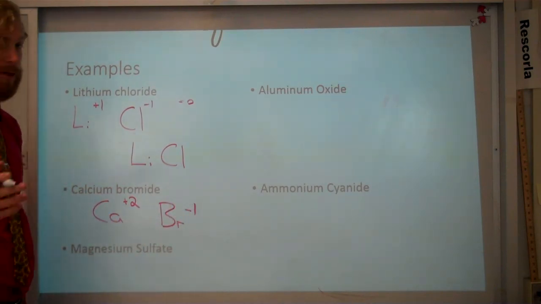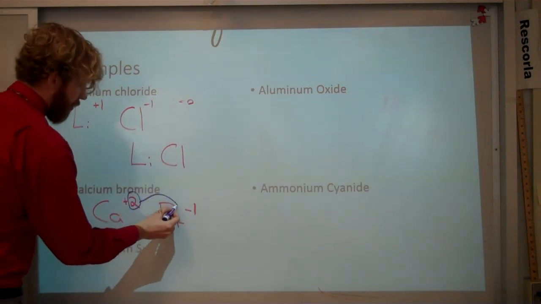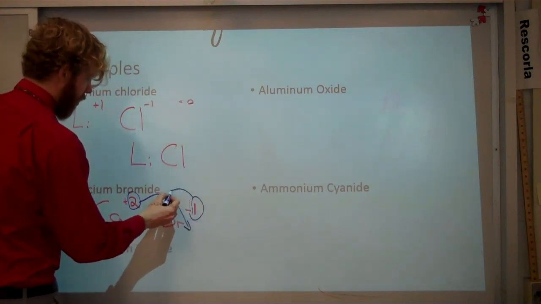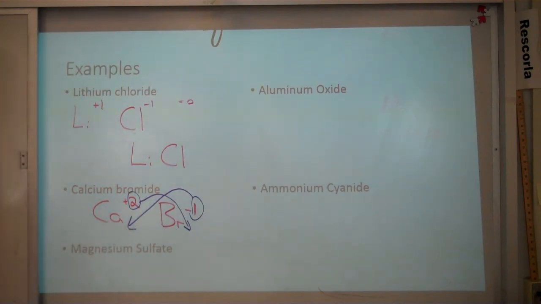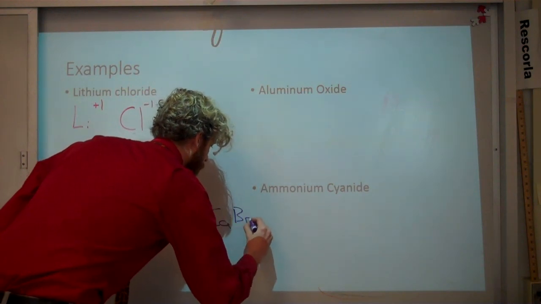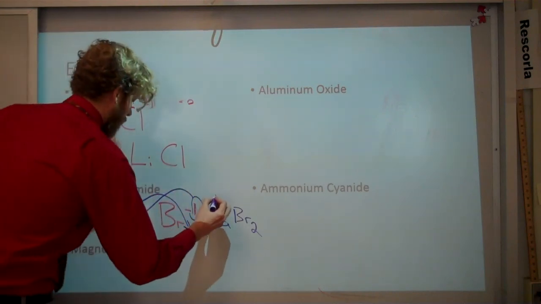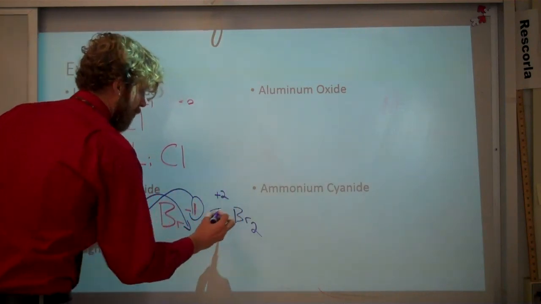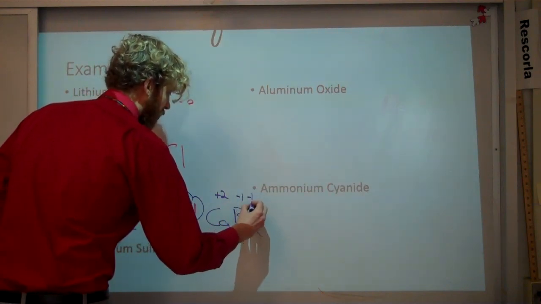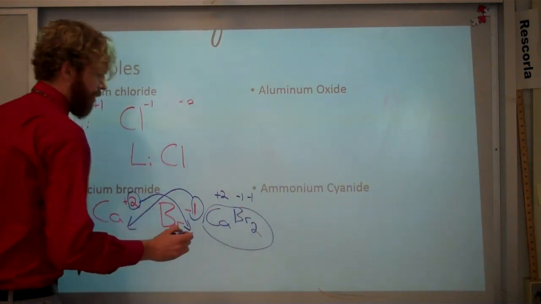The easiest method is to take this 2 and bring it over to the Br, and this 1 from the Br is going to go to the calcium. So we're left with CaBr2. We can double check our charges. We have 1 calcium, so there's +2. We have 2 bromines, so that's -1, -1. That equals 0, so we know that we are good. Here is our answer.